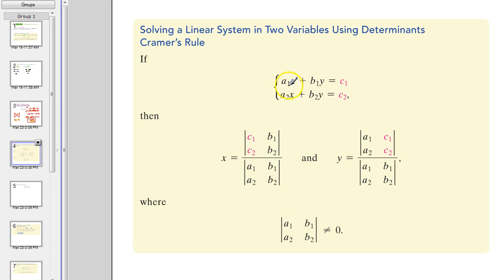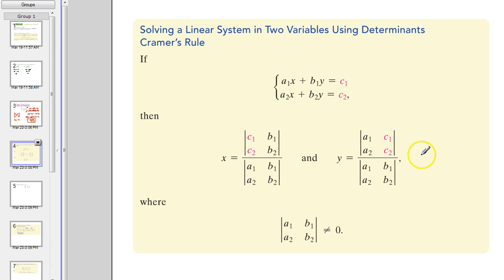And then replacing the x coefficients with the constants in your numerator and dividing those two determinants will solve the system for x, and then replacing the y coefficients with the constants and coming up with that determinant dividing by the original determinant will give you the y coordinate of the intersection, or the solution to the system.